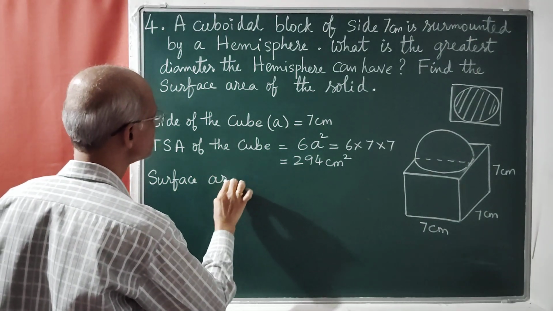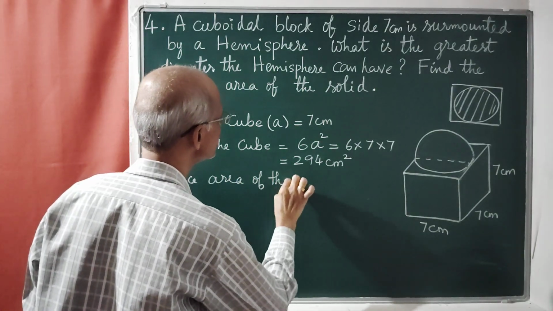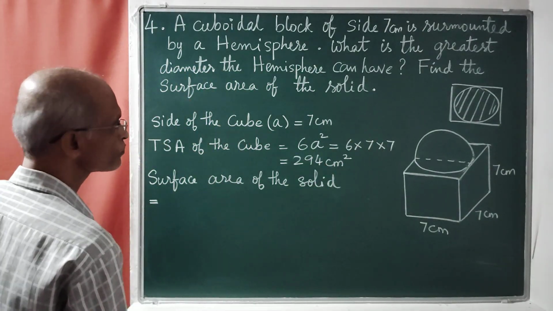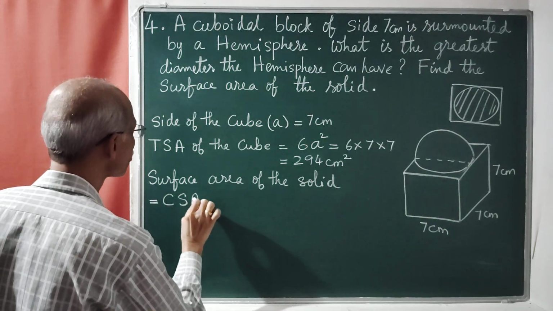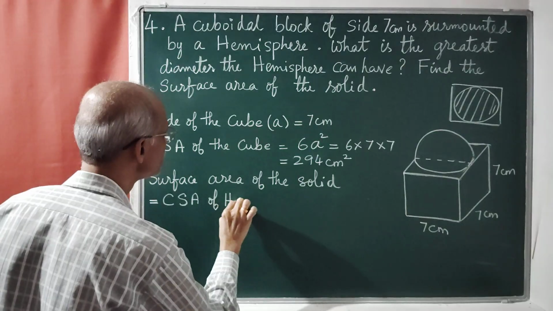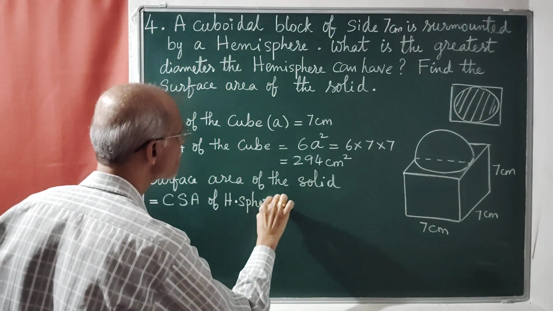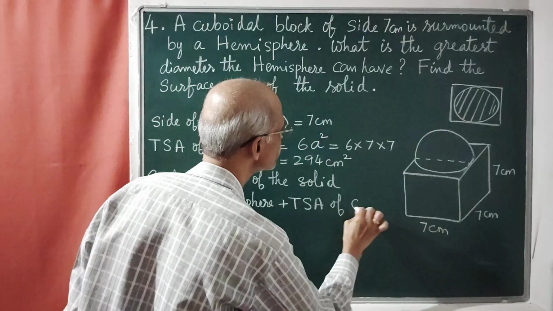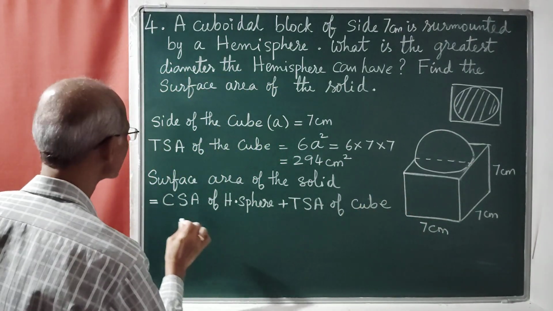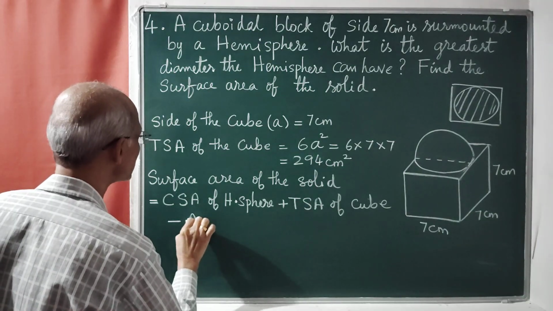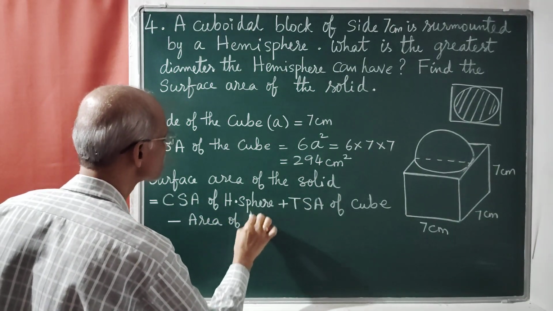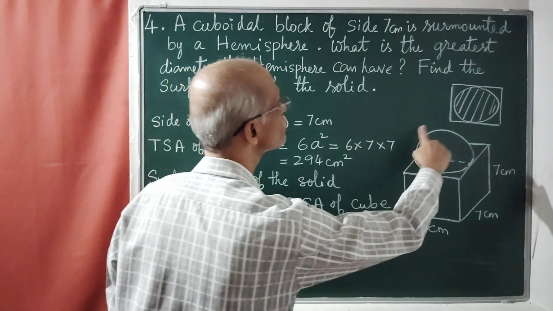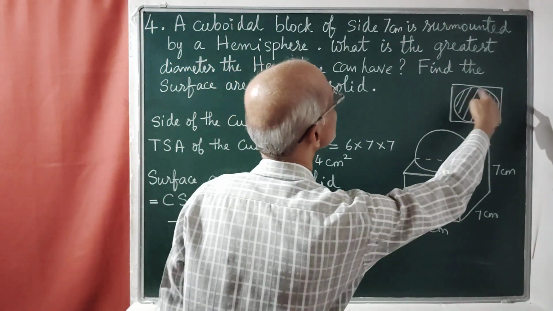Surface area of the solid is equal to CSA of hemisphere plus TSA of cube minus area of the circle.